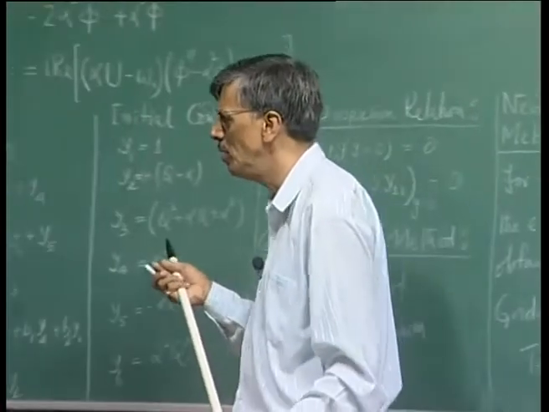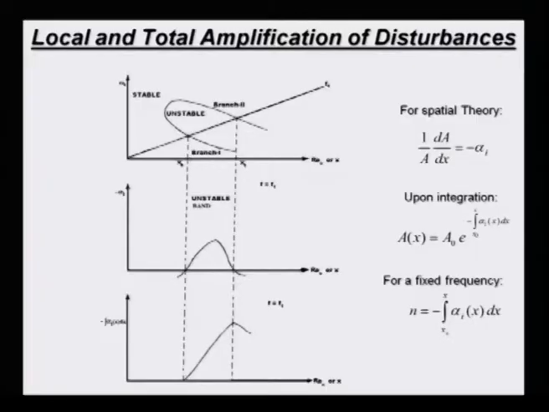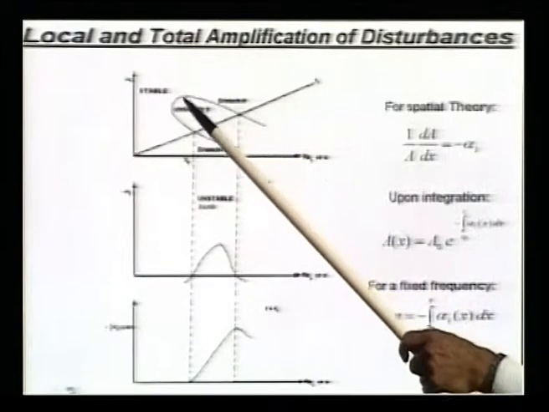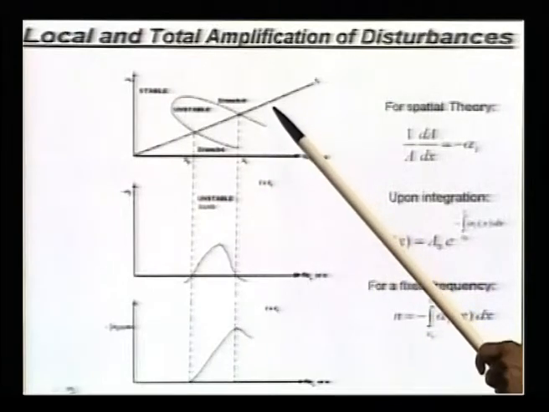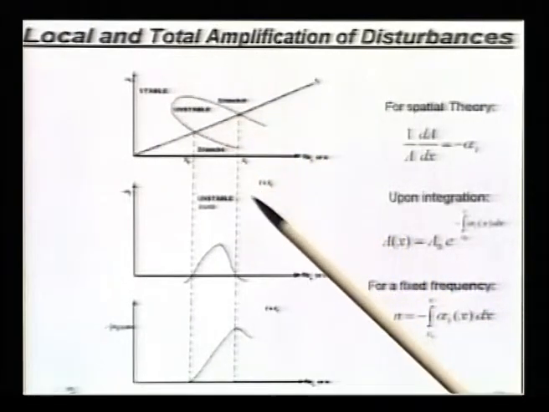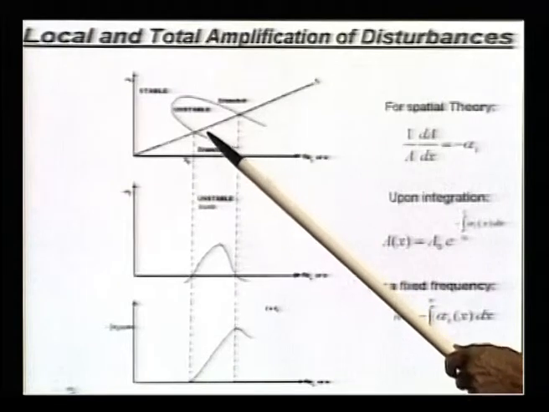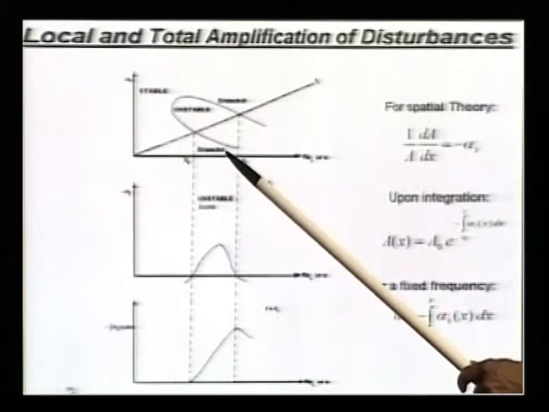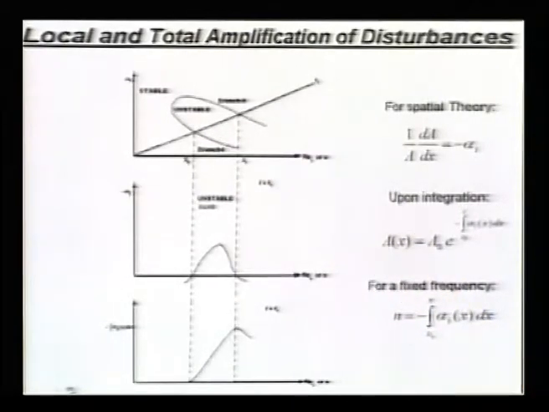So, for example, let us say we want to follow a fixed frequency f1, and we have already talked about this neutral curve, which has this thumb shape, and the lower branch is called branch 1, the upper branch is called branch 2. This is the usual terminology.